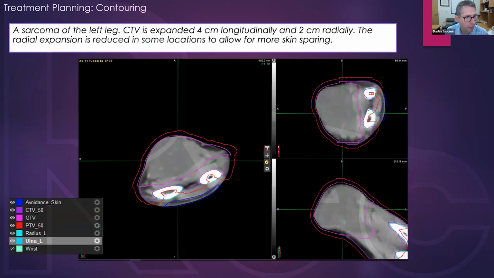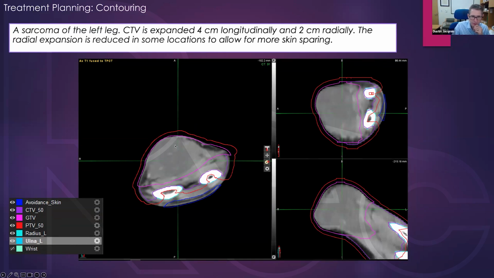Here's another example. Ooh, I forgot to change the description on top, but you can see here this is the sarcoma in the forearm. We have the wrist bone, so we have the ulna, the radius. The wrist is a little bit out of the picture here, but it's a little bit higher up. Again, we have a 4 centimeter expansion longitudinally.